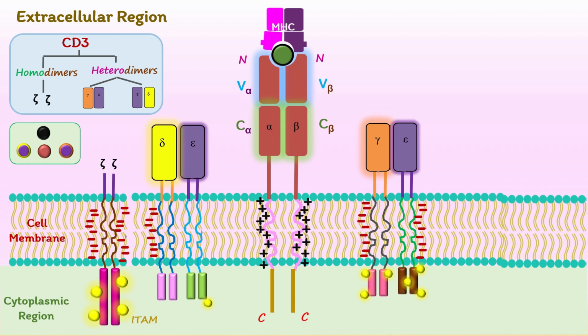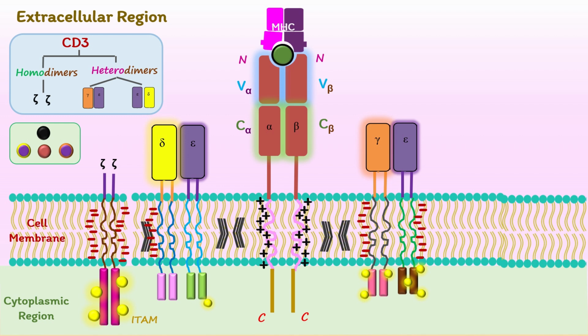ITAM, or immunoreceptor tyrosine-based activation motif, are on heterodimers as well as on homodimers of CD3. These receptors have tyrosine amino acid, but these ITAM are not present on the T-cell receptor.